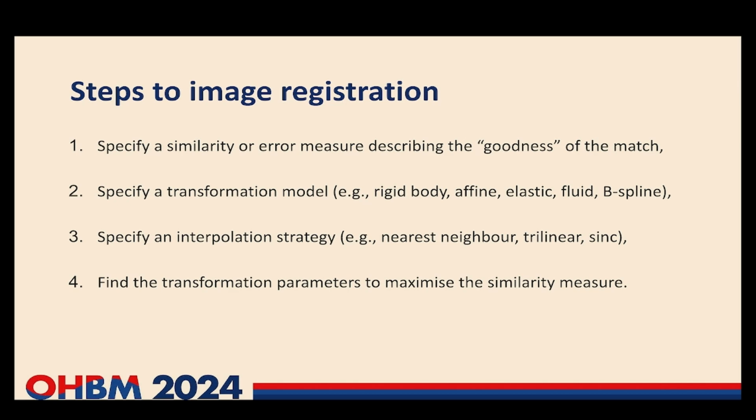In most image registration software, we're not doing this for every single point. We're only doing this for a subset of points. And so for those vertices that we haven't explicitly moved, how do we interpolate those to match the template? And then the last part is finding the parameters that maximize the similarity between the two brains.